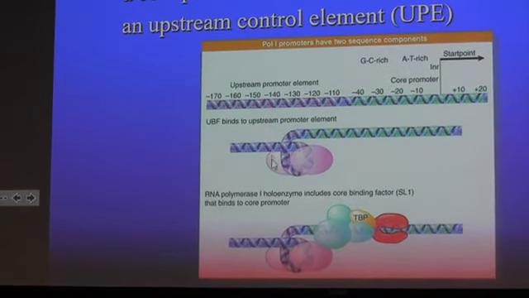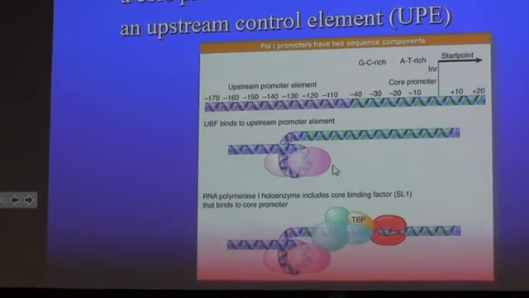And then it looks like a hard-boiled egg here or something. This is an upstream binding factor, UBF. I don't know why it's called UBF and down here called SL1.